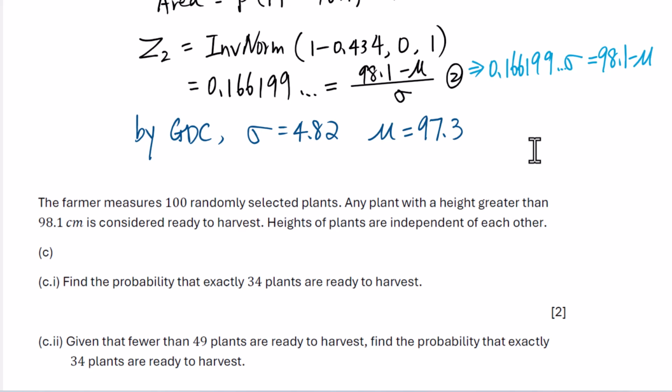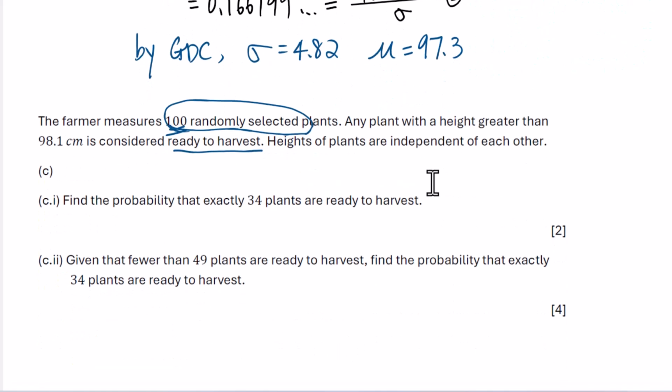Mean equals 97.3. The farmer measures 100 randomly selected plants. Any plant with a height greater than 98.1 centimeters is considered ready to harvest. Heights of plants are independent of each other.